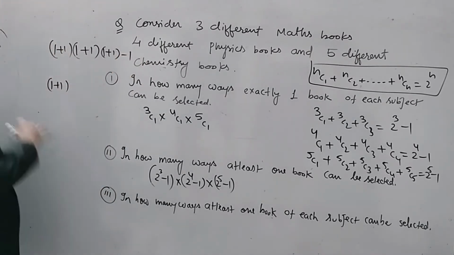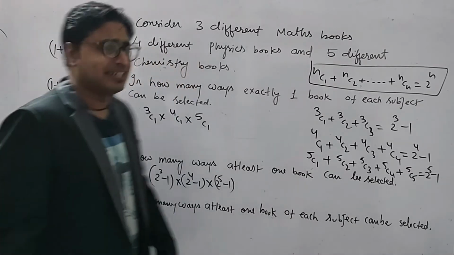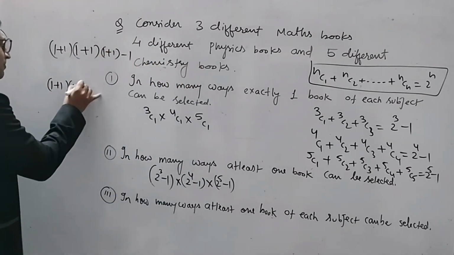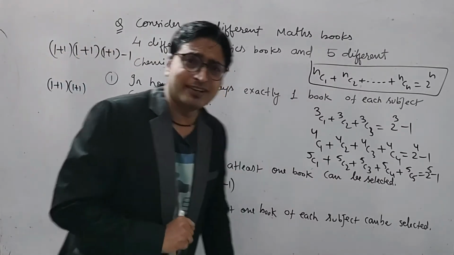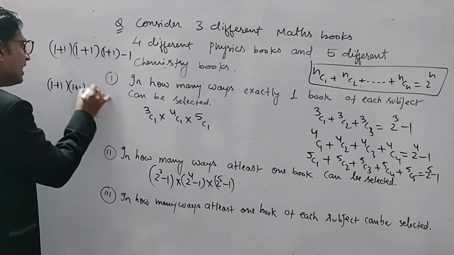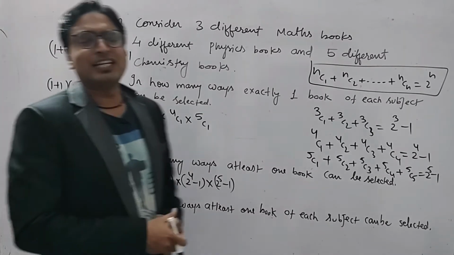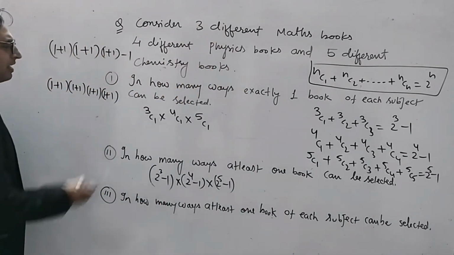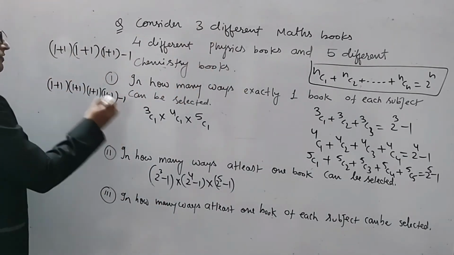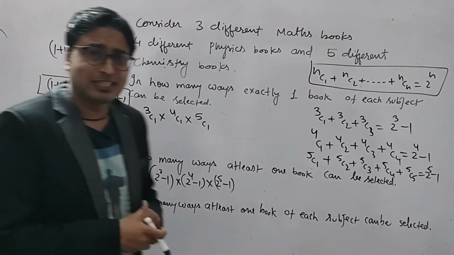1 plus 1. Again, for the second book, you have 2 options. One for selection, one for rejection. 1 plus 1. Again, for the third book, you have 1 for selection, 1 for rejection. And for the fourth, again, we have 2 options. 1 for selection and 1 for rejection. Now, what you will do? We will subtract 1 from this total option. Why we will subtract?